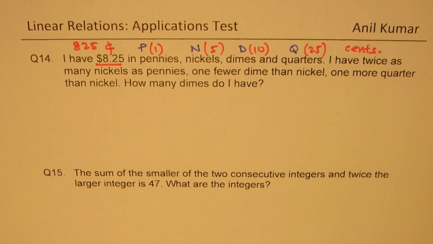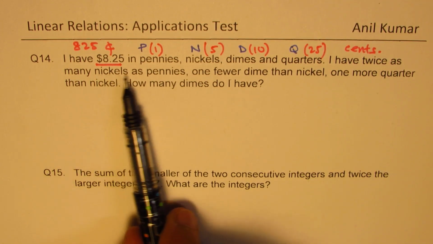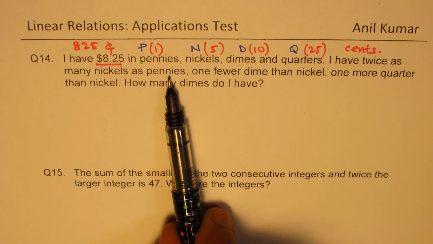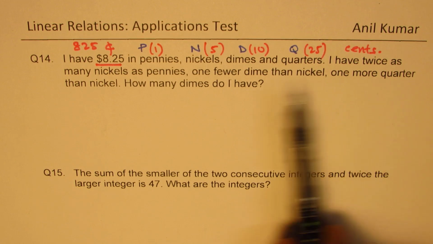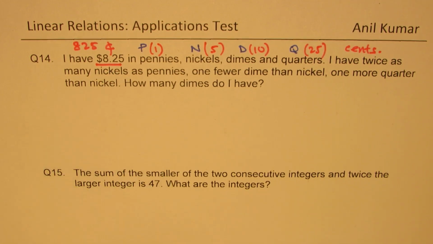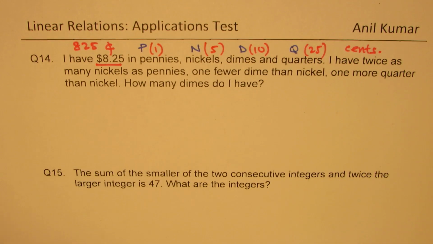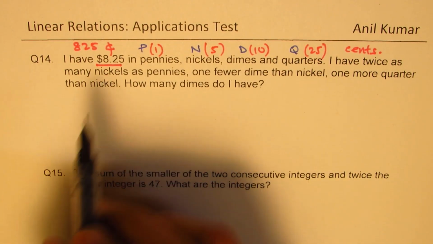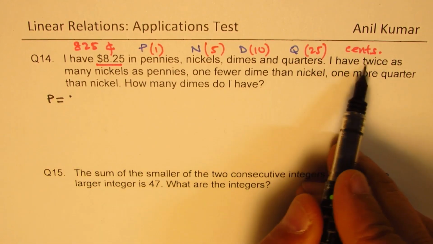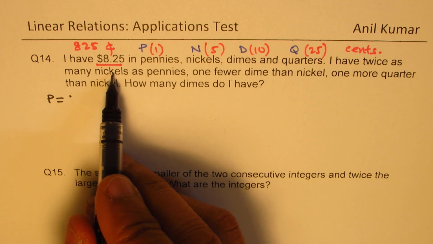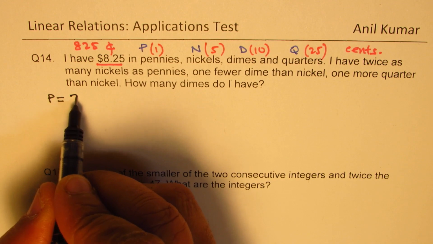Now, let's write down the equations. I have twice as many nickels as pennies, 1 fewer dime than nickel, 1 more quarter than nickel. So everything is given in terms of nickels. First statement says, I have twice as many nickels as pennies. So I have more nickels, right? So if P is pennies, then nickels are 2P.